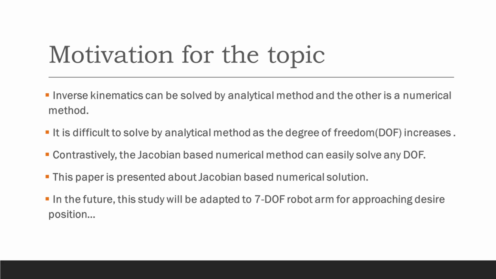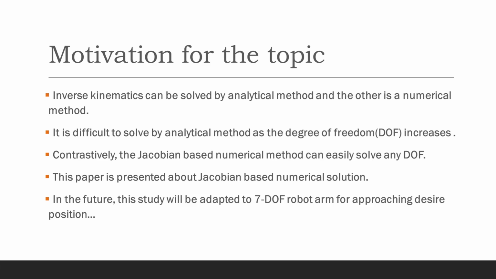Therefore, the motivation for the topic. As we know, inverse kinematics can be solved by the analytical method as well as by the numerical method. But it is difficult to solve by the analytical method as the degree of freedom keeps increasing.